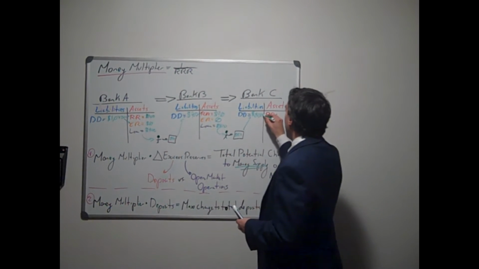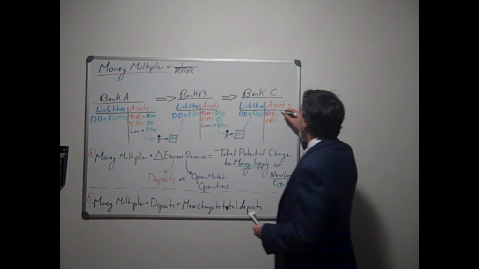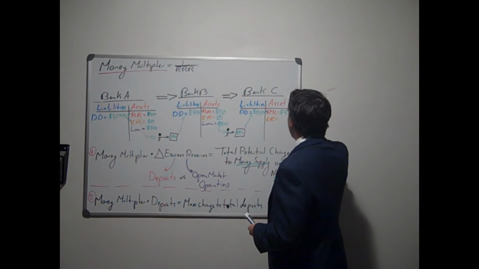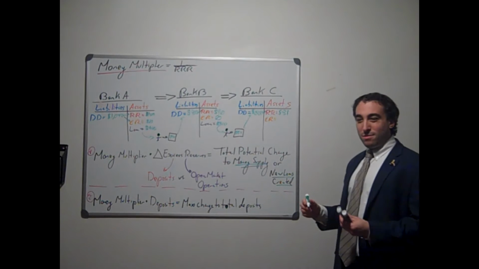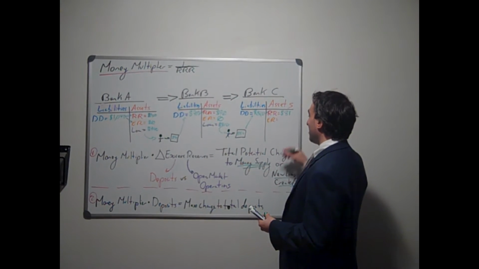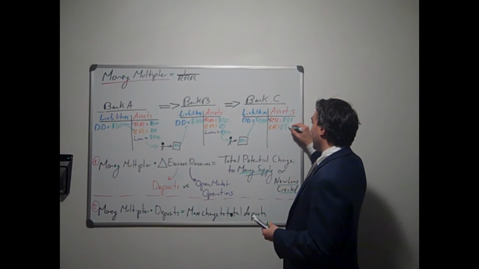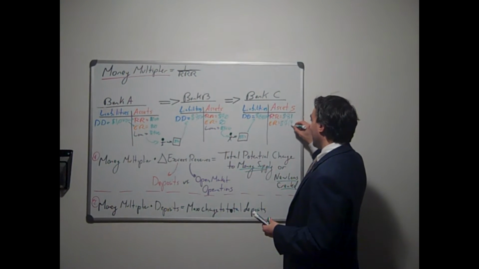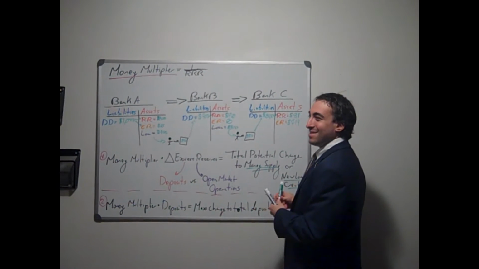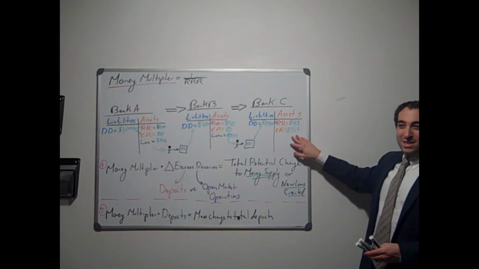The bank first takes 10% of that $810 and must put $81 into required reserves, and the remaining $719, yes, we're going to say confidently, is now excess reserves.